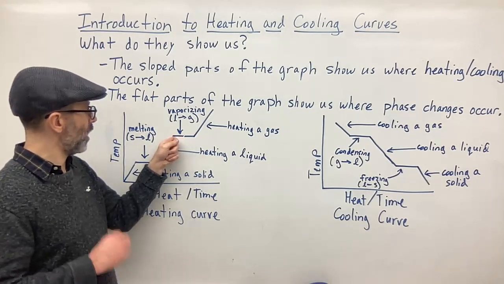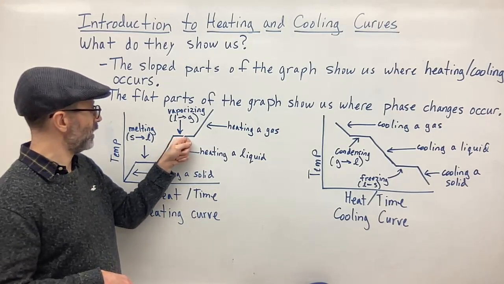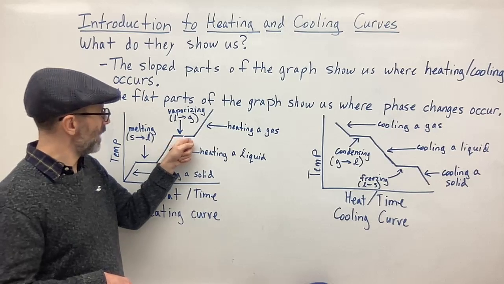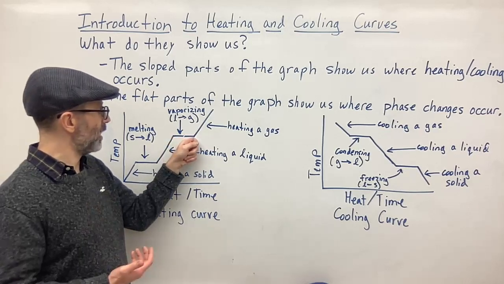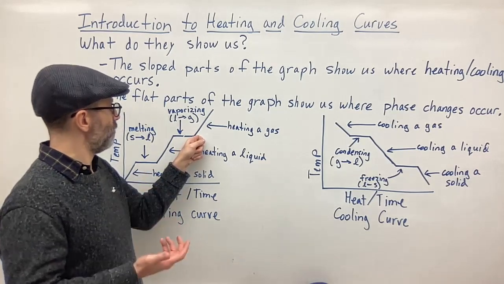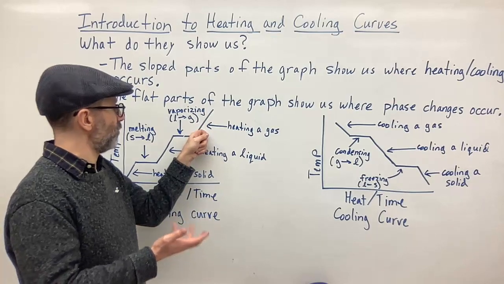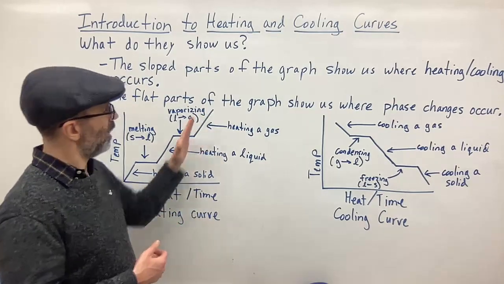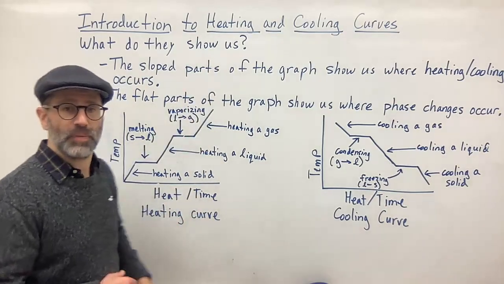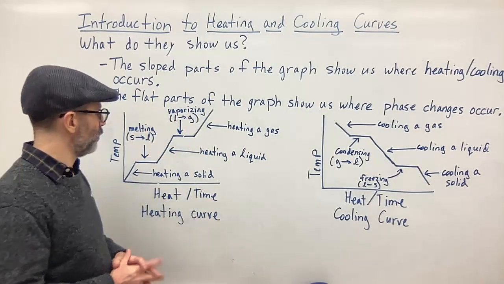I reach a point where the heat is going in and I am vaporizing the liquid into a gas. And then once I add enough heat to vaporize the liquid, the energy I add once I have all gas is going to be put into the gas to raise the temperature indefinitely. Well, probably not indefinitely, but we'll get into that in a later video.